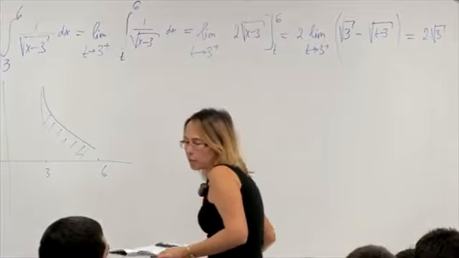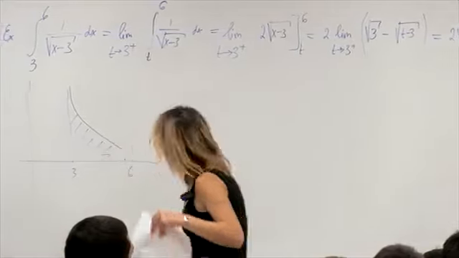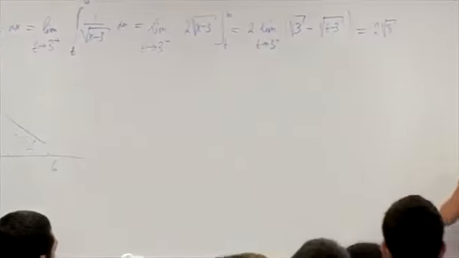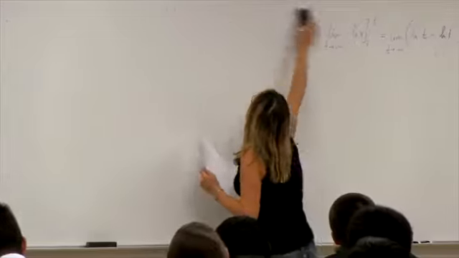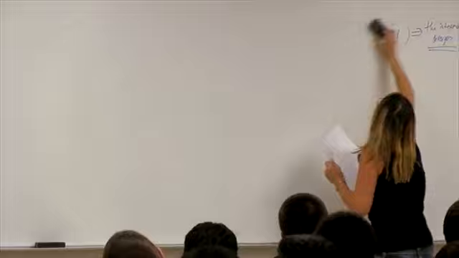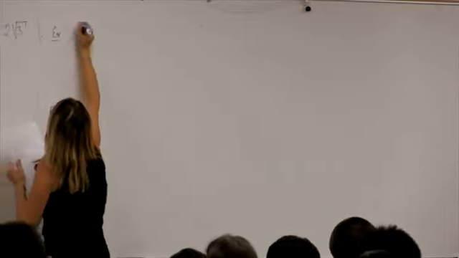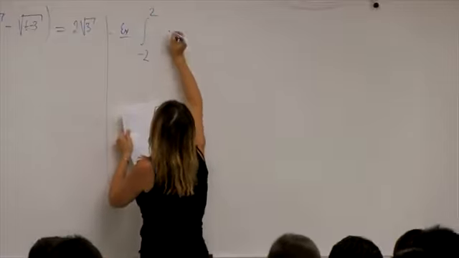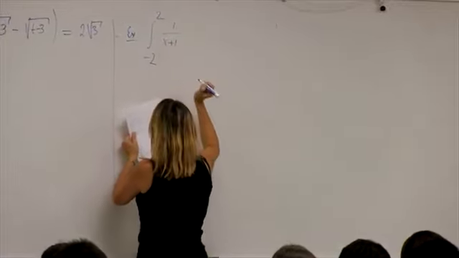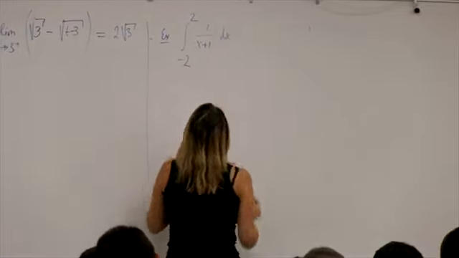Now, the next example is this. This is harder to catch. Let's consider the integral from -2 to 2 of 1 over x plus 1 dx.